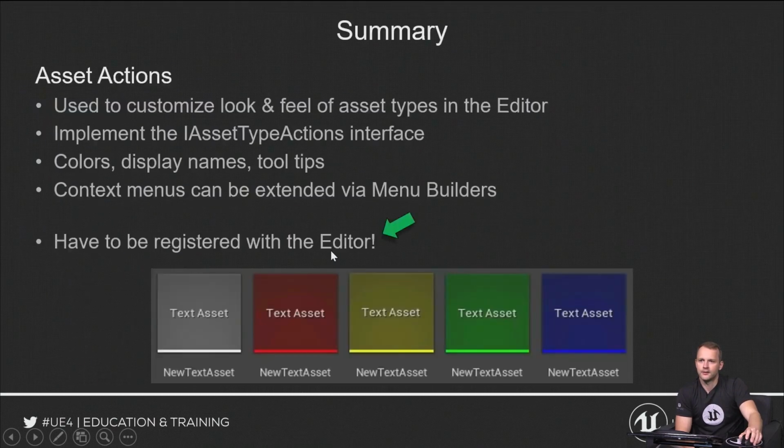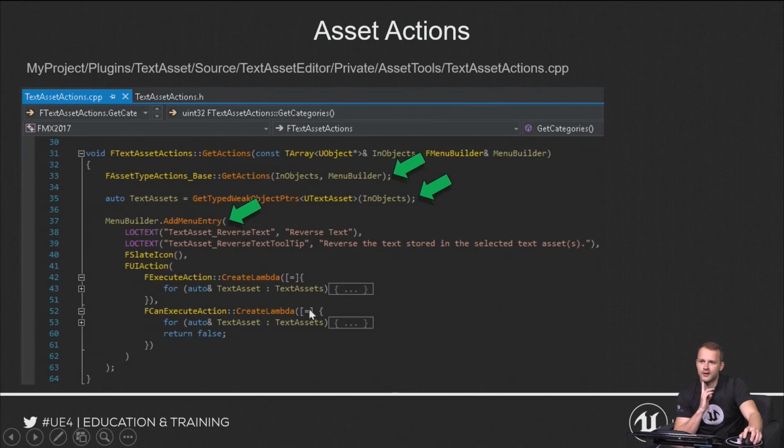And oops. So these functions down here inside of add menu entry, they contain the code that is performed for the actual action. Like for UI actions, there are usually two components.